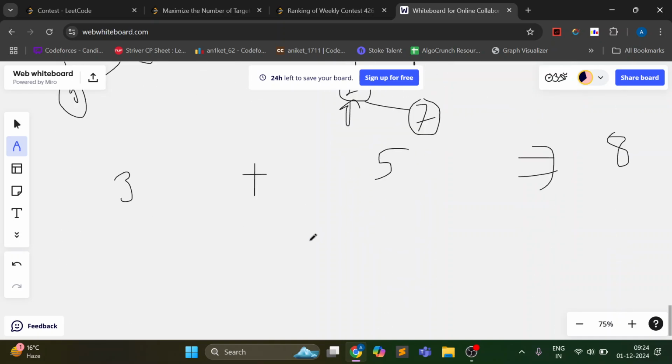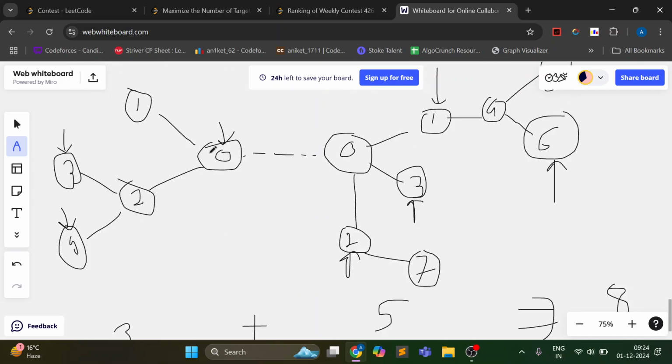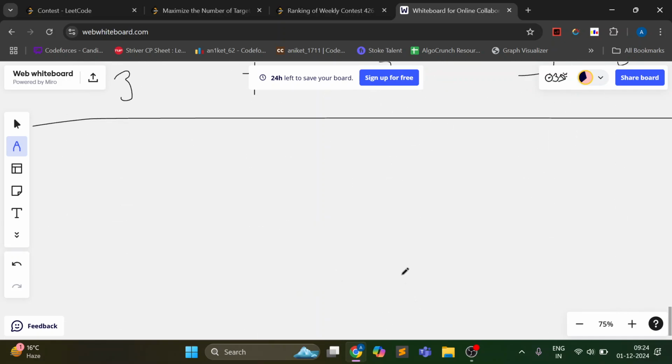Now we will try to use the same strategy as in the first question, the third question: counting contributions on each subtree, each tree individually. So let's start with the first tree, 0.